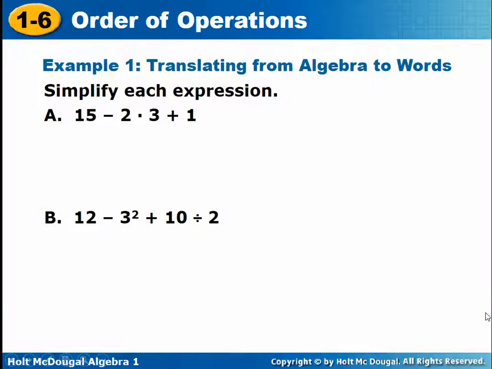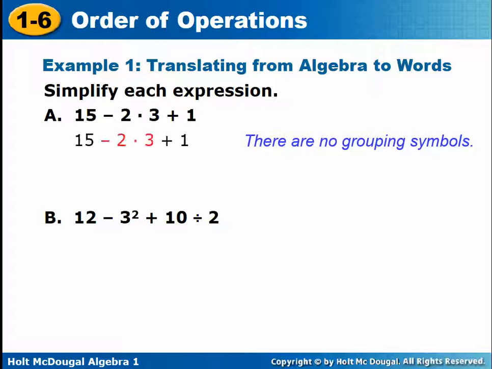All right, let's practice. Here is what looks like a long expression. Let's simplify it. In order, we first see if we can simplify any parentheses or grouping, and there is none. There's no exponents either. So the first thing that we can do is the multiplication, the 2 times 3, which is 6.